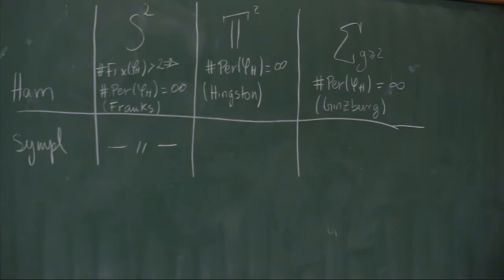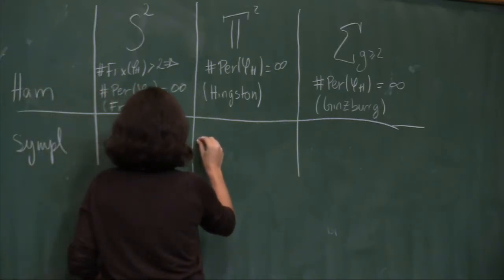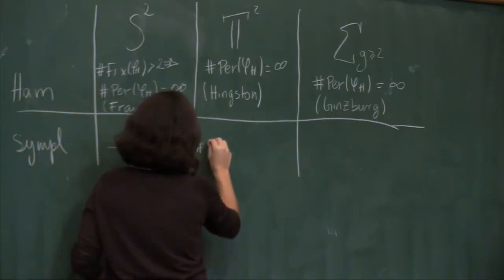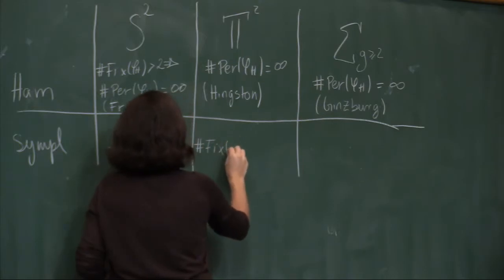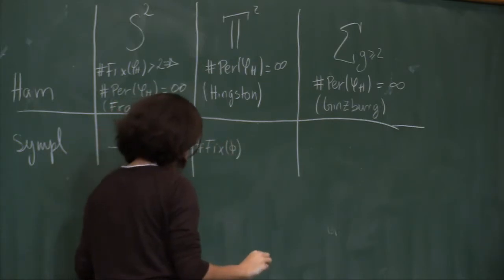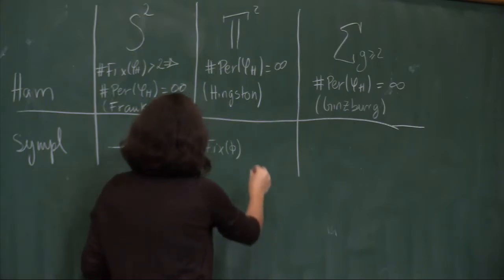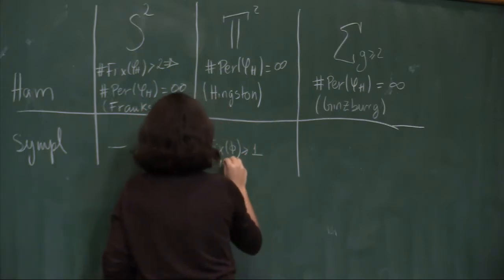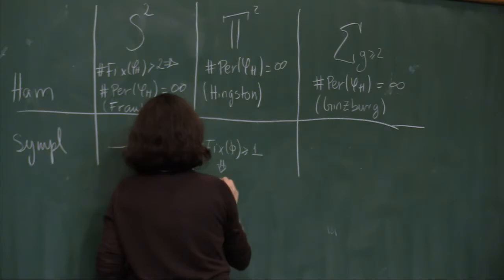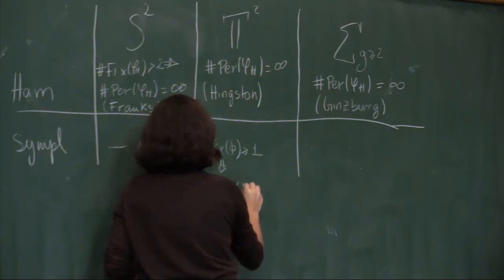For the two torus, there's this theorem by Ginzburg and Görel, which tells me that if the number of fixed points of the symplectomorphism is greater or equal to 1, then I have infinitely many periodic points.